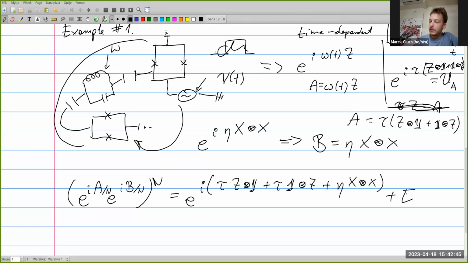Okay, plus some error, and we know that the norm of this error is O of n to -1. So that's a first application of what's going on here.